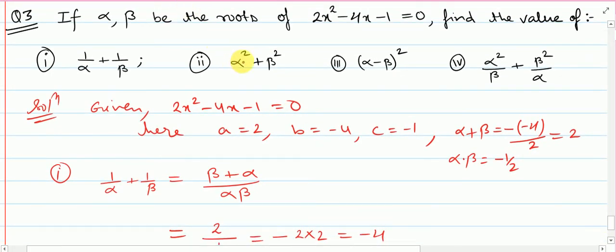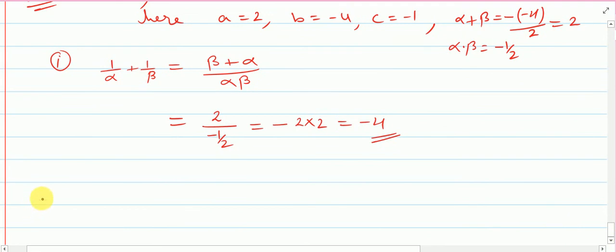Here it is alpha square plus beta square. So number 2, alpha square plus beta square. Right now I cannot write the value for this, but once I have expressed this such that the terms are either alpha plus beta or alpha into beta, then I can write the answer.